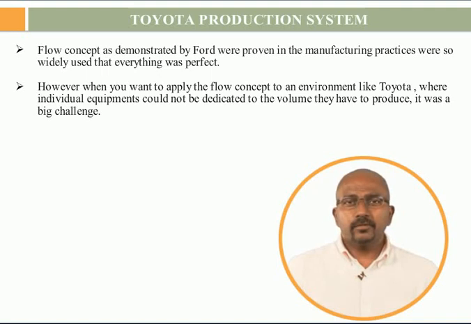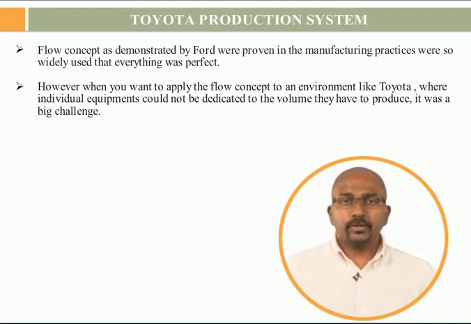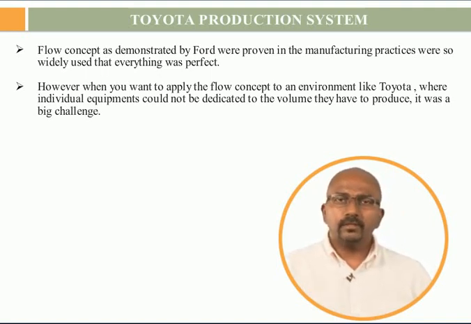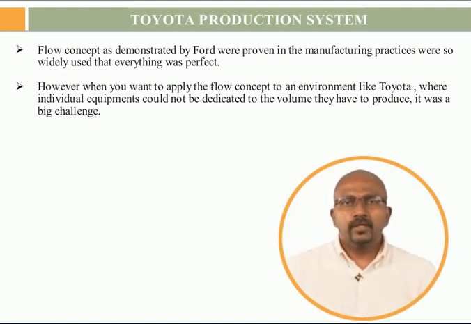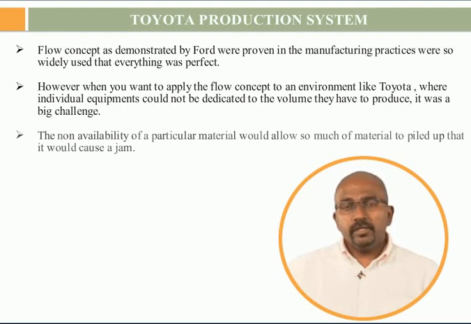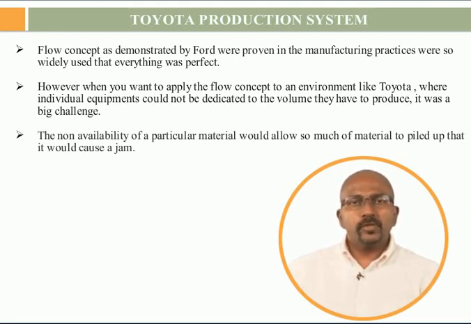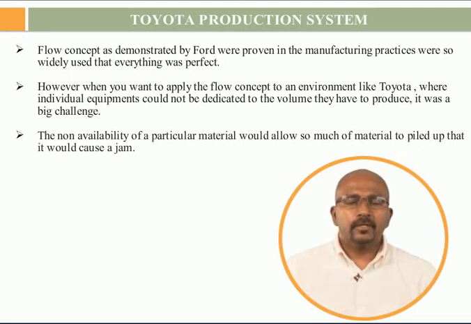If he had to limit the production by using the same tool as space which Henry Ford was using, the non-availability of a particular material would allow so much of material to be piled up that it would cause a log jam.